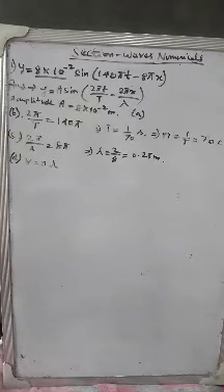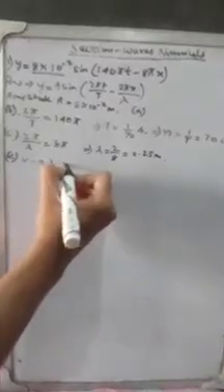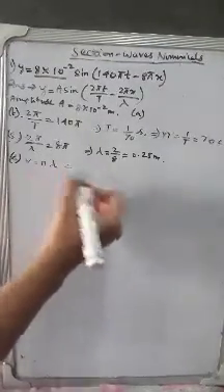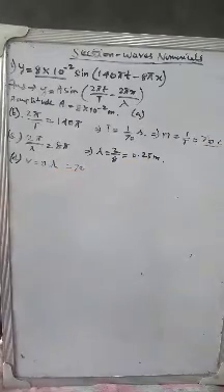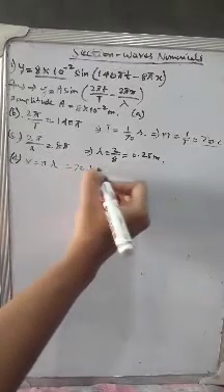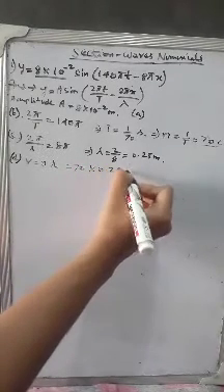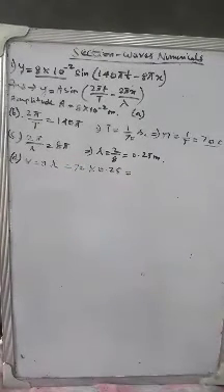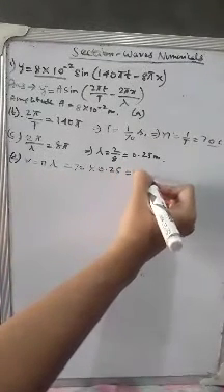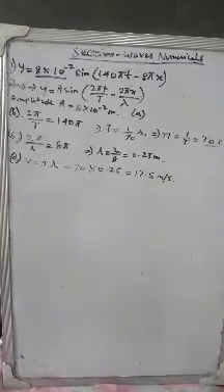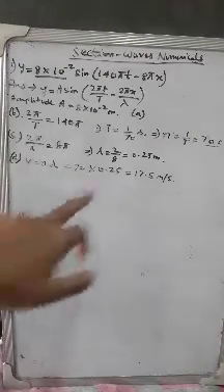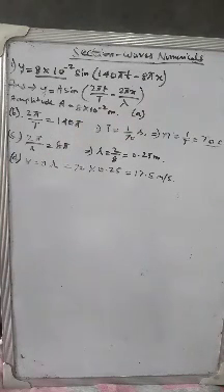Putting the values, n is 70 and lambda is 0.25, so 70 into 0.25 gives 17.5 meter per second. So we have calculated all four things, and the sum is done.